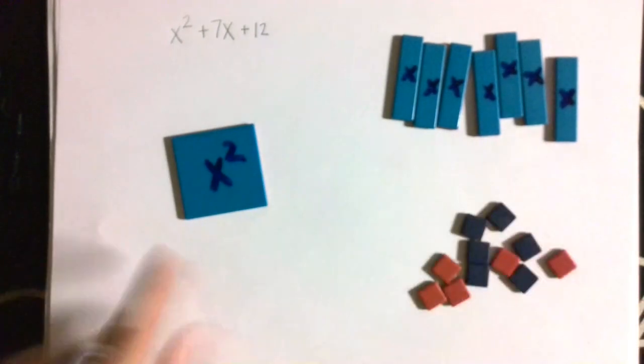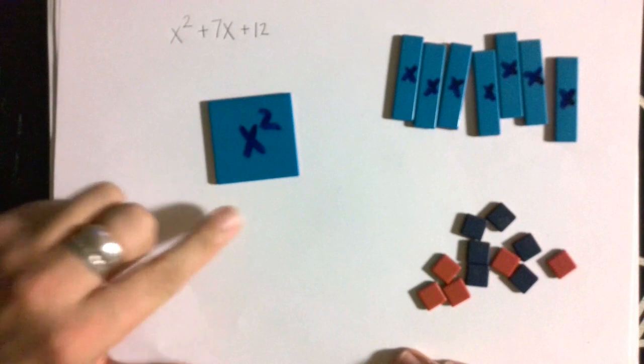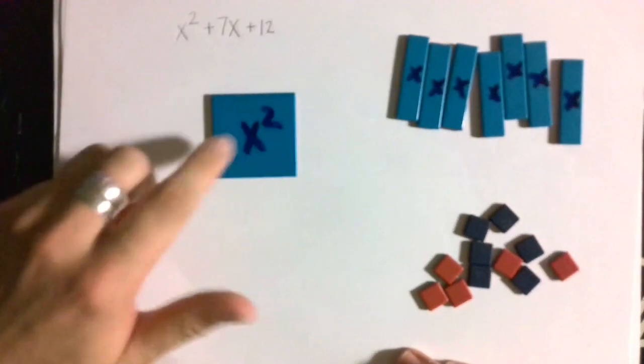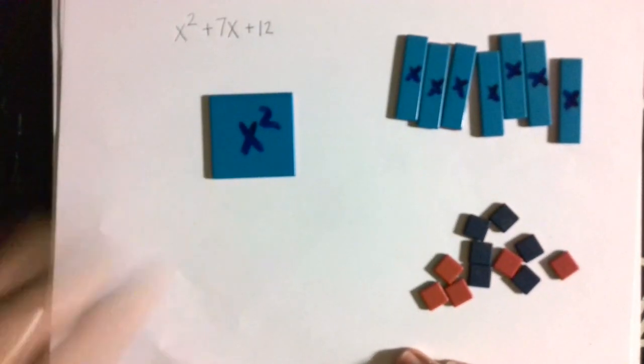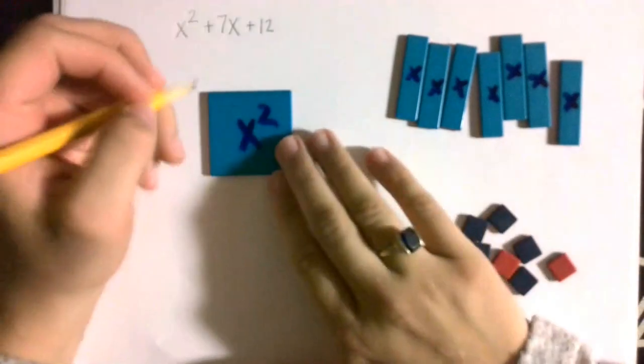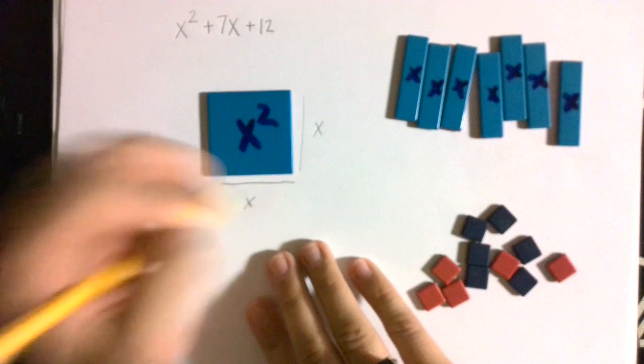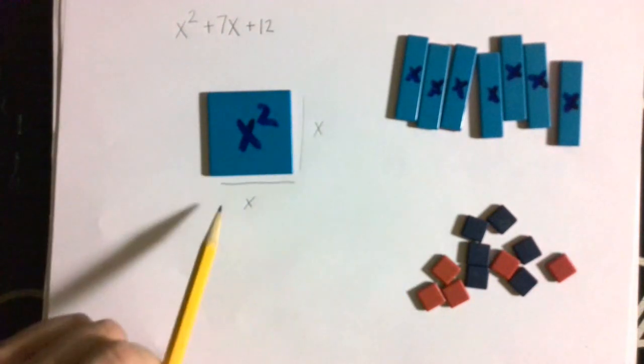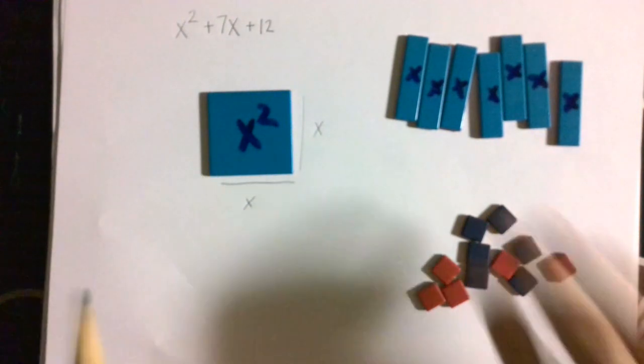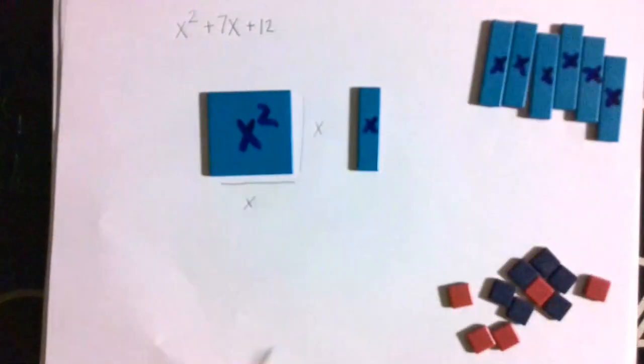So I have three different tiles here, and I drew on them so you can see what they are. So the x squared, the area of this is x squared. That means that the length of one side is x and the other length is x, which makes sense because x times x is x squared. We also have these tiles, which are my plain x's.